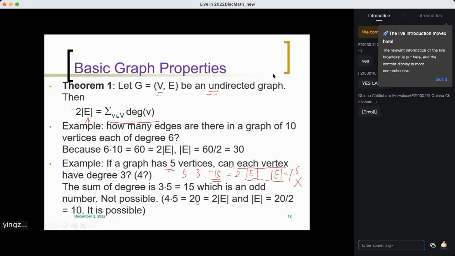For 4, we have 20. So 20 is an even number, so we can say the number of edges may be 10. Possible. So from these rules, we can simply determine whether or not some degrees or vertices satisfy these conditions or rules.